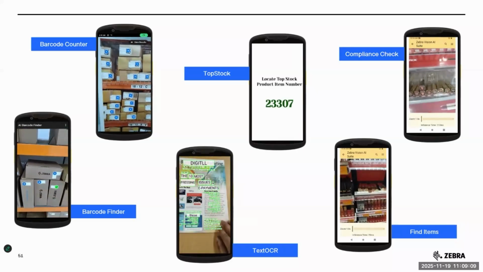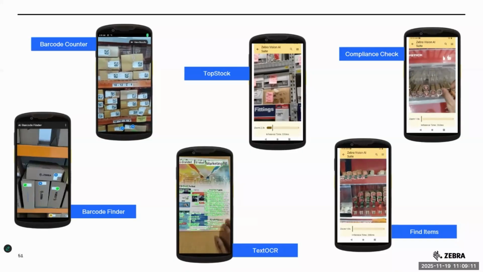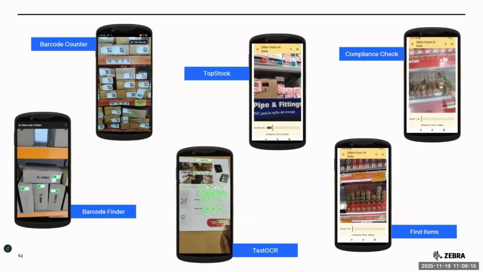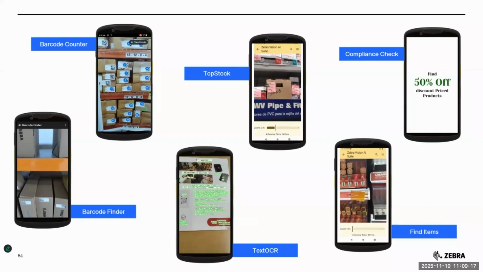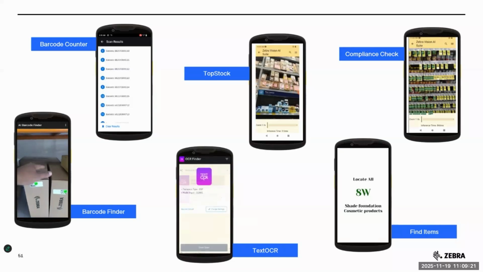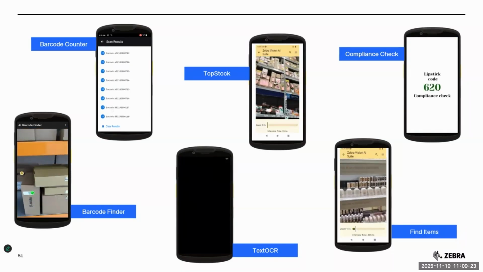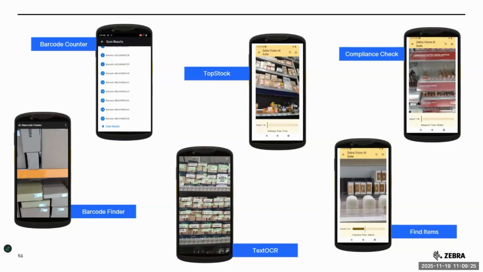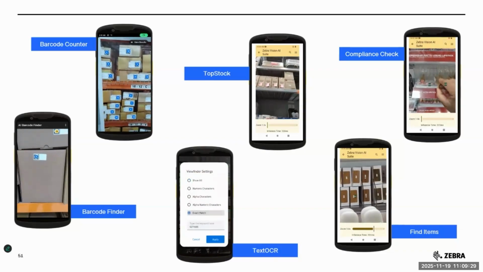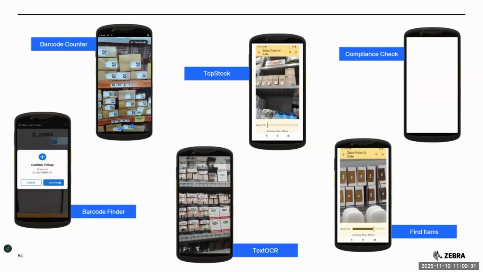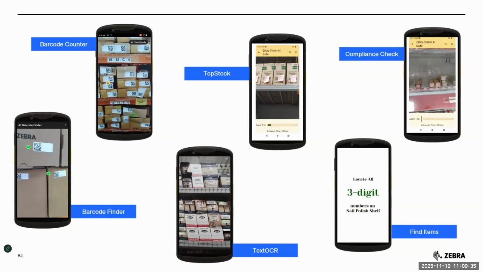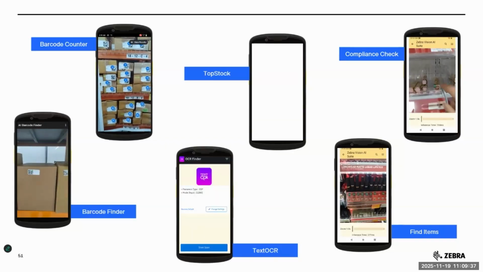Just to see it in action, starting from the left, we have the barcode find application, where you look for a specific barcode and you see the entity viewfinder by Laukik in action. The second blueprint is the barcode counter, which enumerates and counts everything it finds by panning over a shelf.